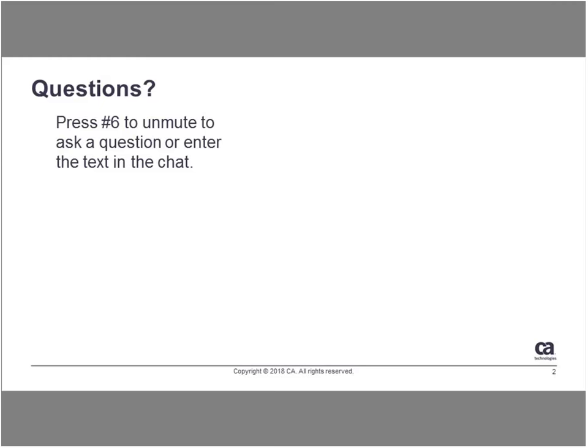Hey, Chaz, looks like we have a Q&A question that came in. I do see it. It says, please briefly explain the process to engage CA. There are a number of ways to engage CA.